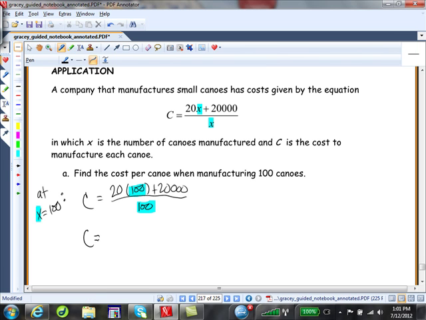So everywhere that we saw an x, we put in 100. Simplifying, we'll have C equals 22,000 divided by 100. So C is equal to 220.